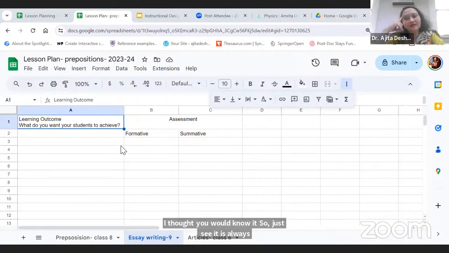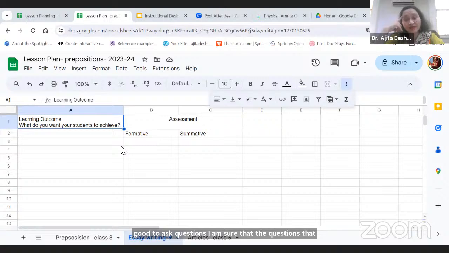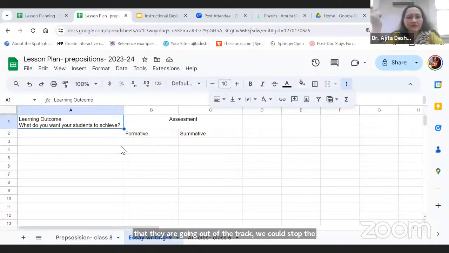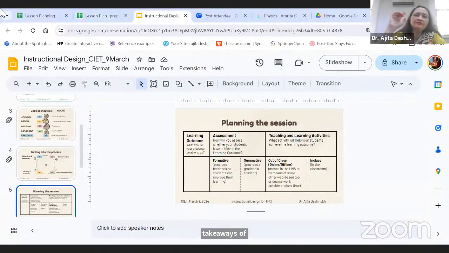I am sure that the questions you asked today, even though at a point we did feel that they were going off track, we could stop the question and bring it back on track. What were the takeaways of this particular session? The first part was, when we analyze certain things, are we documenting it?